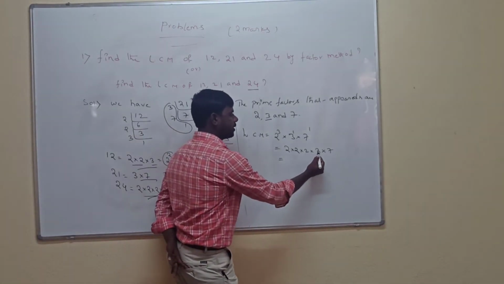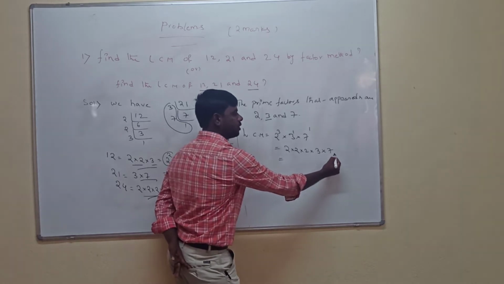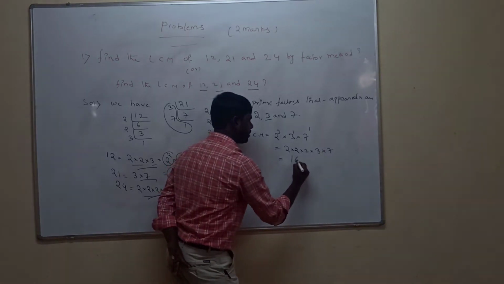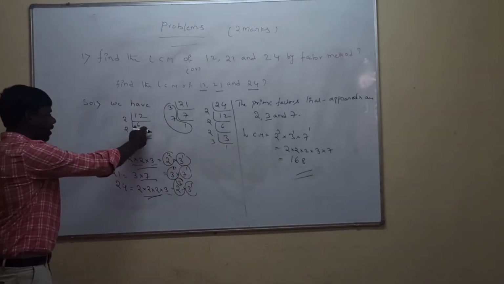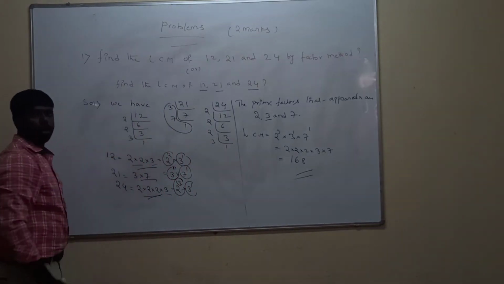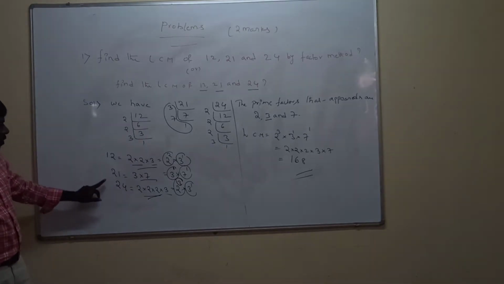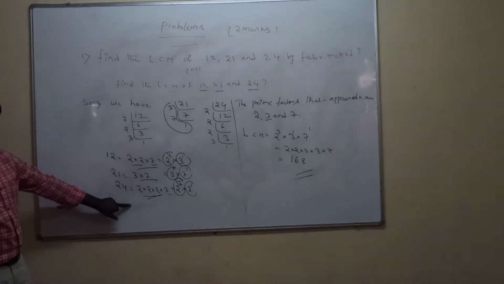2 eights are 8, 8 threes are 24, 24 sevens are 168. You understanding? For each number we do the division method. After that, each number is written as a product of the prime factors.